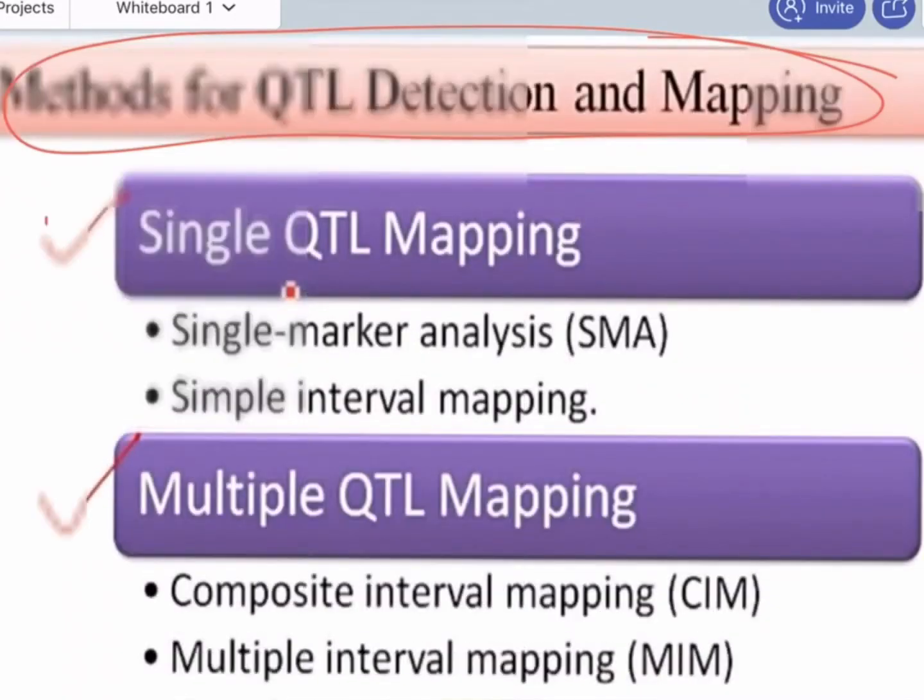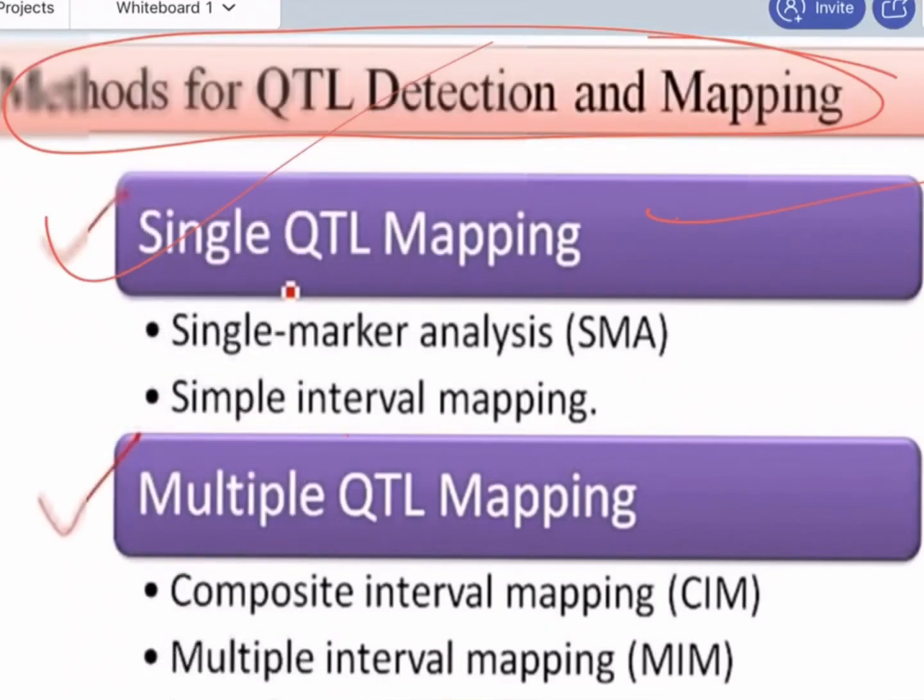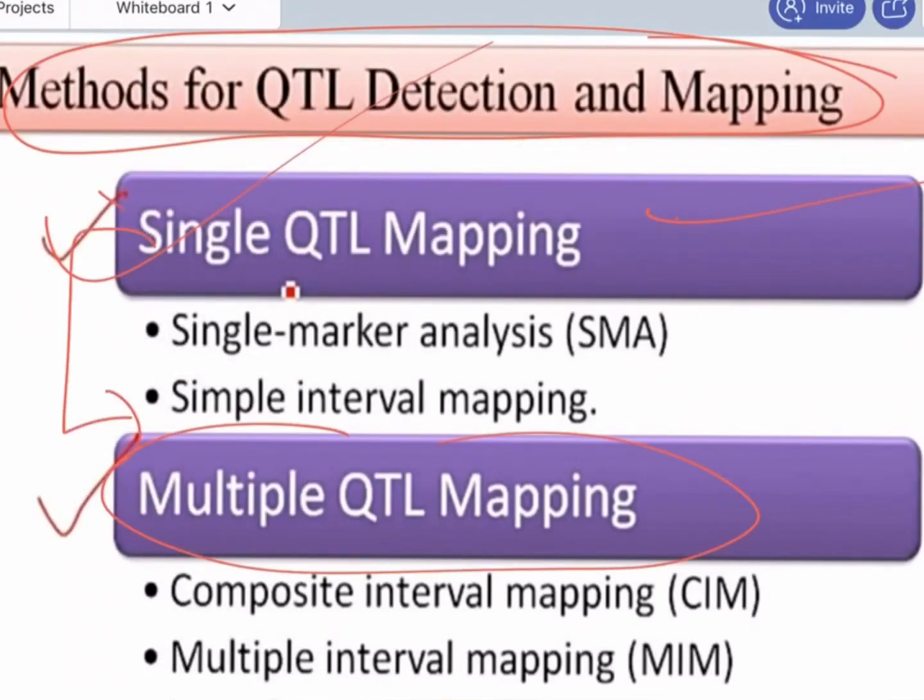Now let's come to the different methods of QTL detection. There are two different methods, single QTL mapping and multiple QTL mapping. Single QTL mapping methods include two types of analysis, single marker analysis and simple interval mapping. This type of QTL mapping is called single QTL mapping. Why?